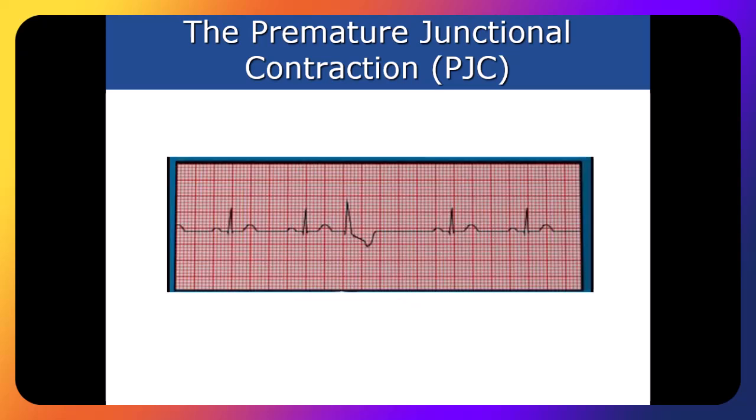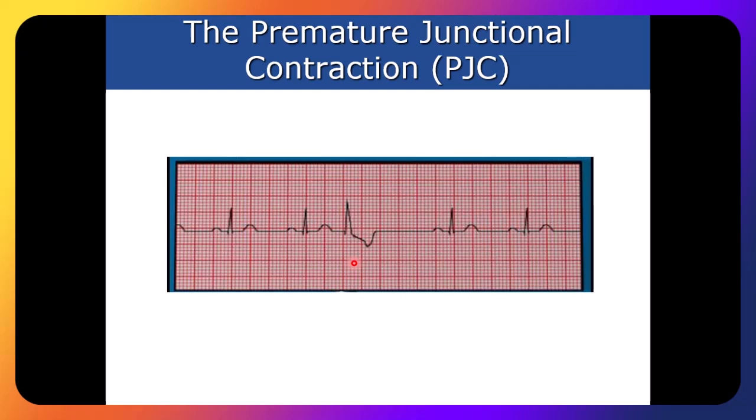But basically, what we're looking at in here is exactly what it looks like. First of all, it's early. Second of all, we don't have a P wave. That's going to be one of the key things. Let me back up here. You do not have a normal P wave in this particular process.